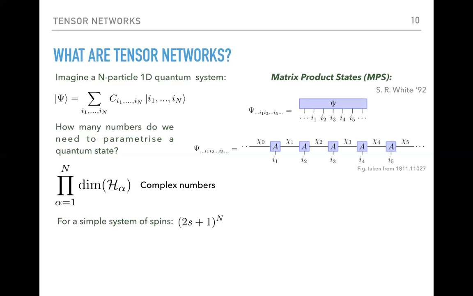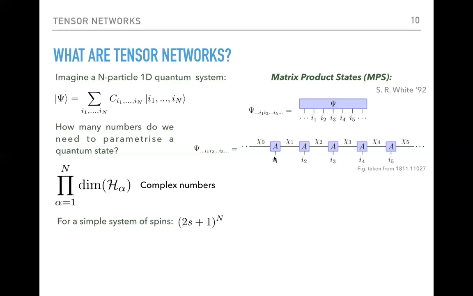And so the idea that Steve White had in '92 was to say, well, maybe we don't need so many parameters. Maybe we can get away with a different parameterization of this quantum state. And so what he introduced was the matrix product state, which is nothing but a state described by a set of tensors where you put one tensor on each site.